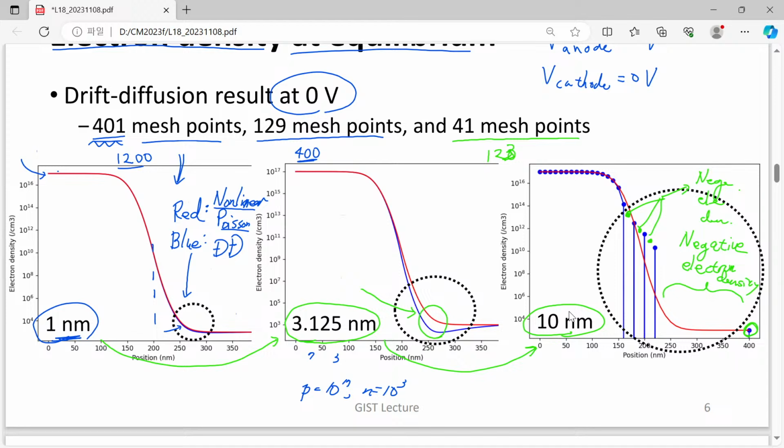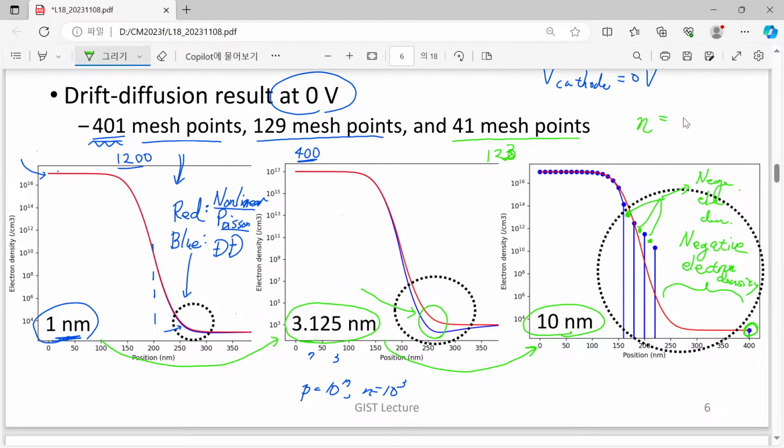So can you interpret this negative electron density in any reasonable way? Please don't be confused. For example, if you have minus 10 to the 17 per cubic centimeter, can you interpret it as actually corresponding to 10 to the 17 per cubic centimeter positive value for your hole density? It's not.